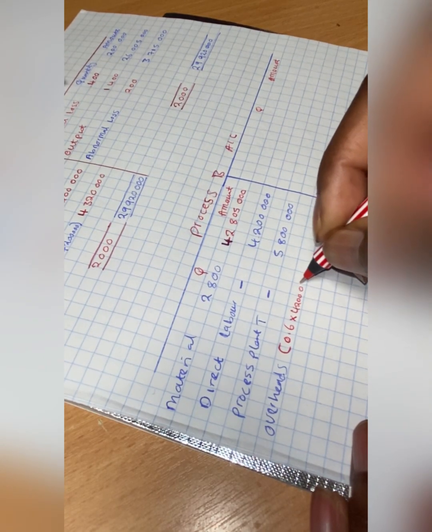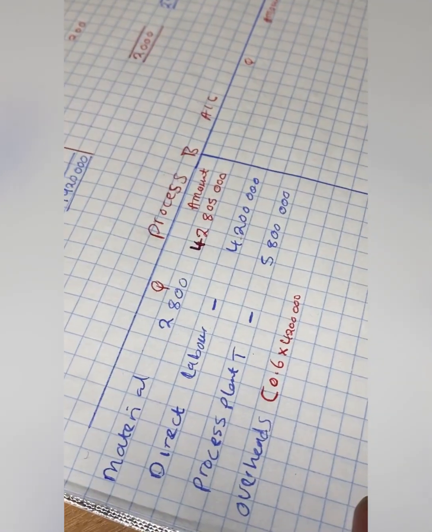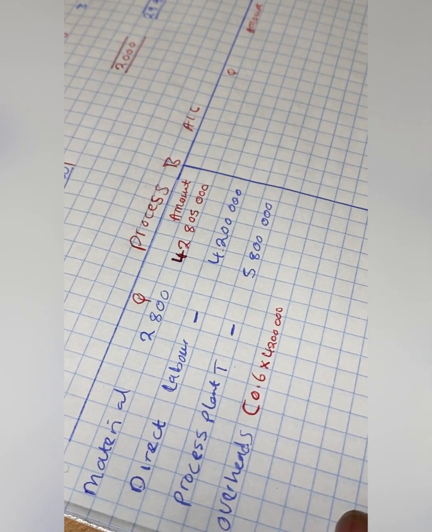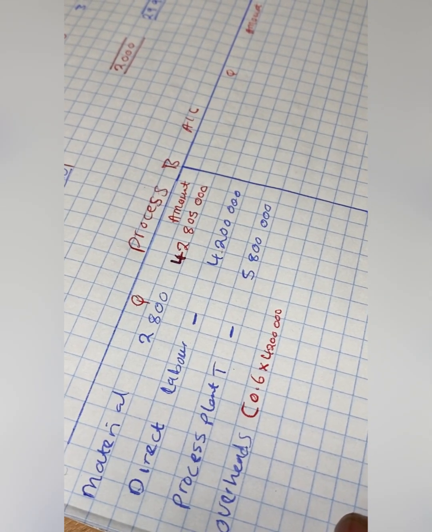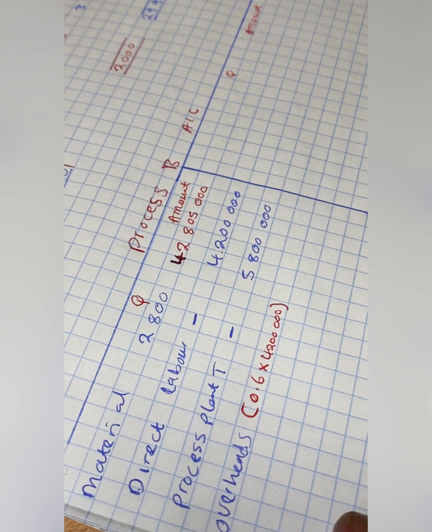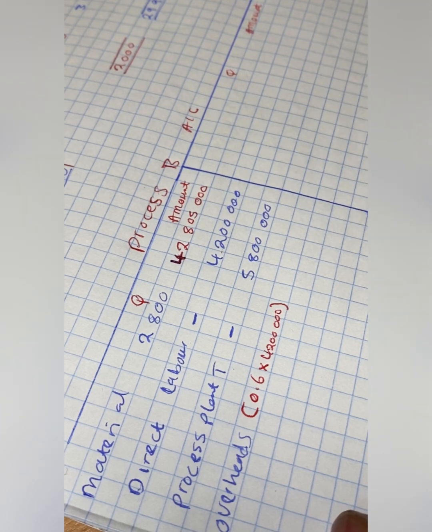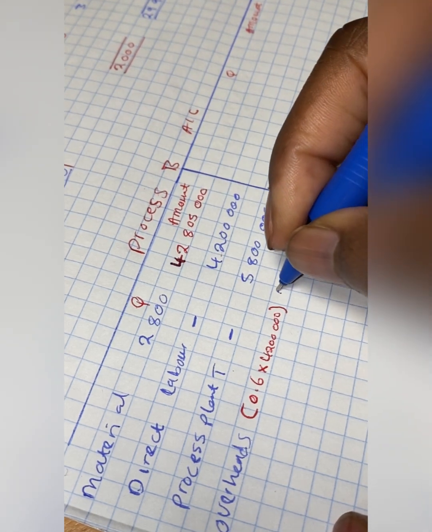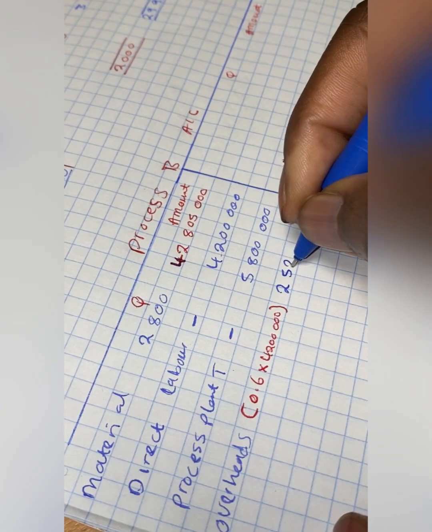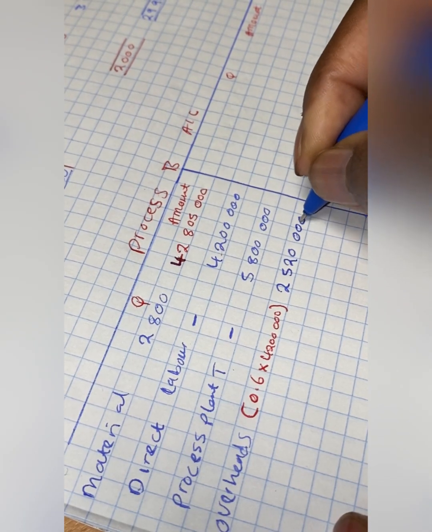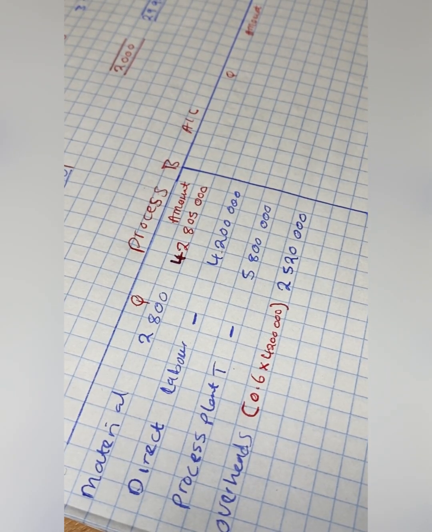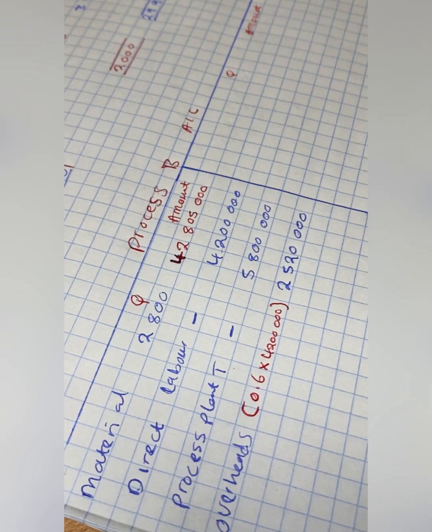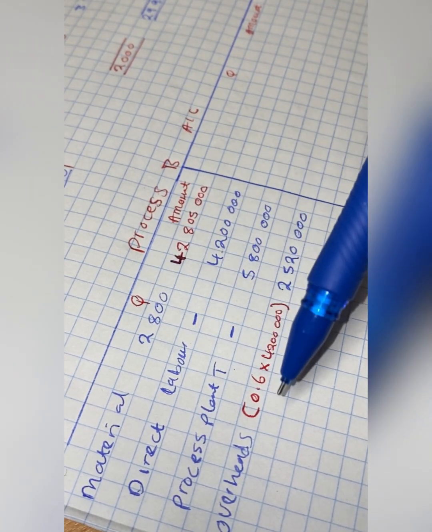When I multiply, it's giving me 2,520,000 kwacha. So this is about the debit side. For now we can say we are done on the debit side: material, labor, process, and overheads.